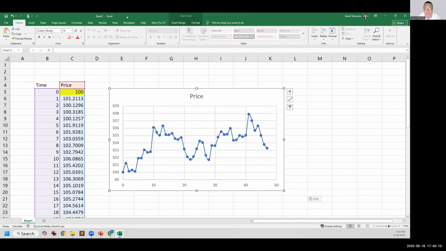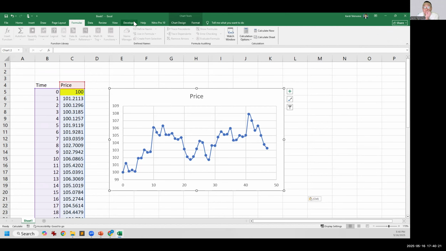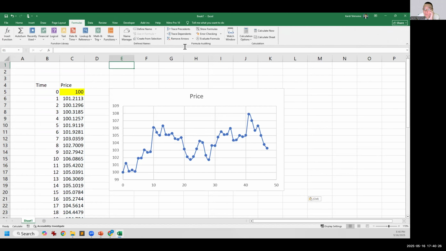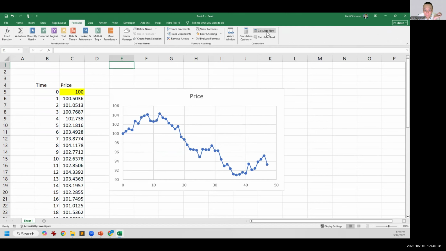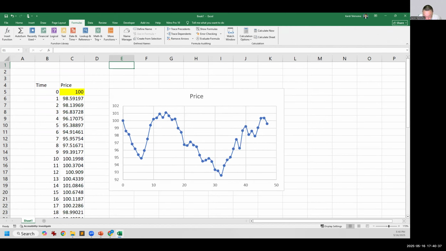And this time series data, you can regenerate. In the formula you calculate now, you will create new data. Now come back to time series analysis.